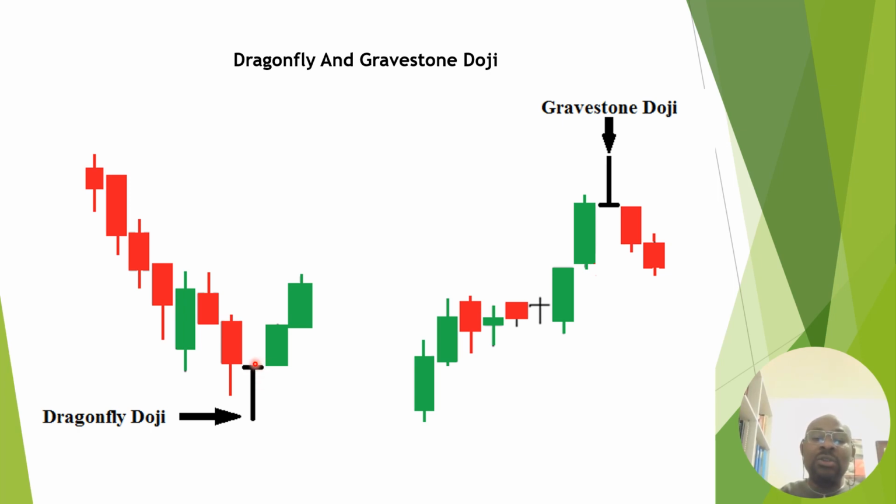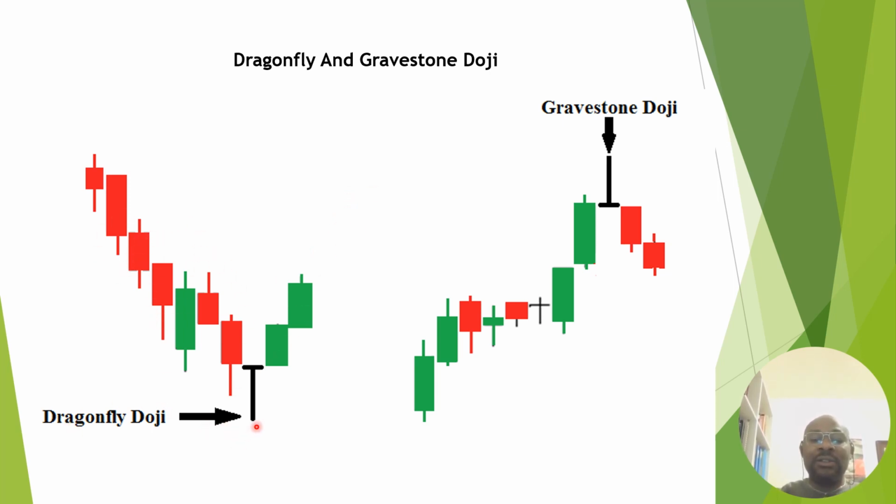So it closed almost at the same point where it opened. Then the next candle you see is a bullish candle. That means the buyers are now ready to push the market. They've taken over from the sellers.